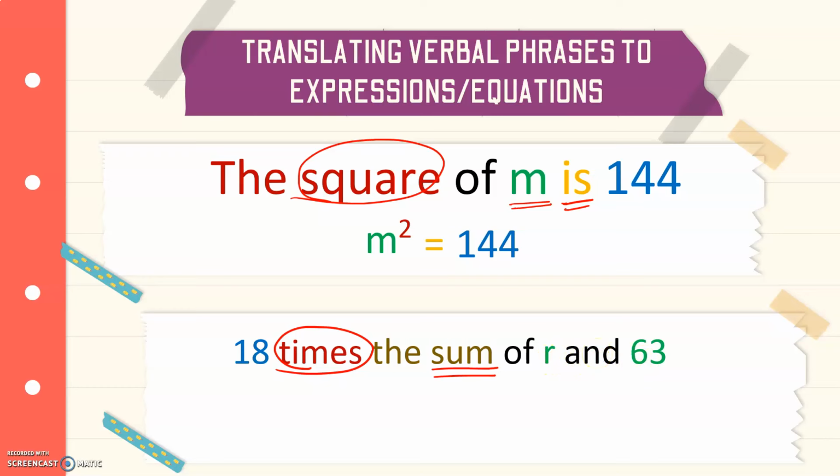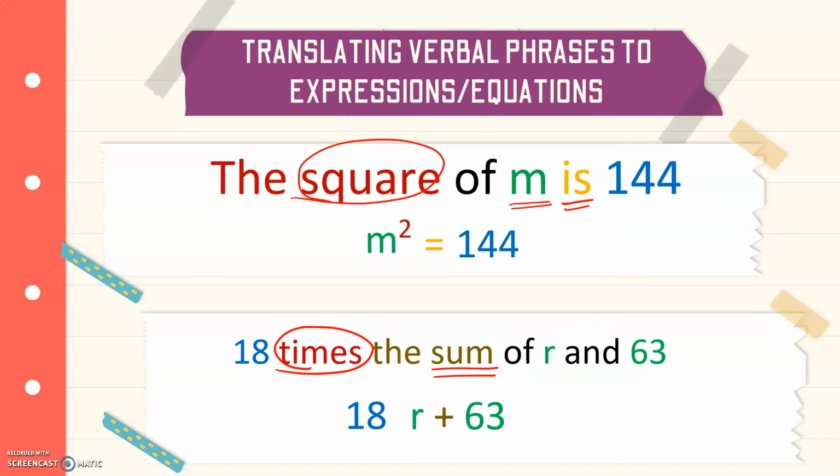We have to get first the sum of r and 63 before we multiply it to 18, because it is stated 18 times the sum. So we cannot multiply 18 yet unless we find the sum. In that case, we'll have to add first r and 63 to get their sum.